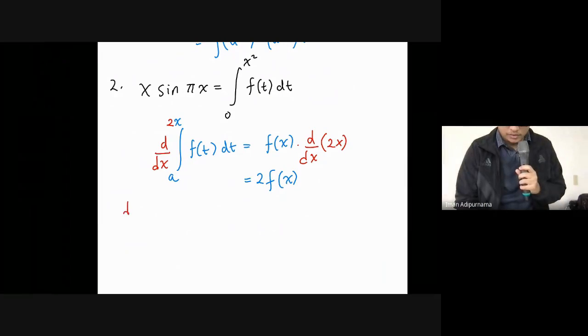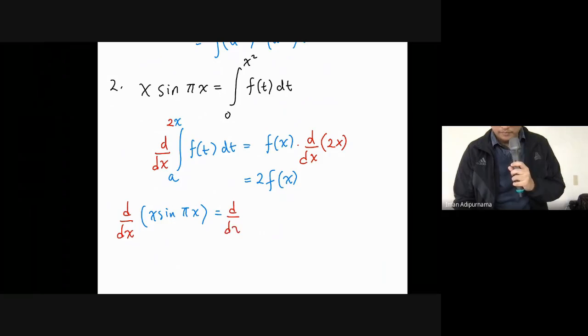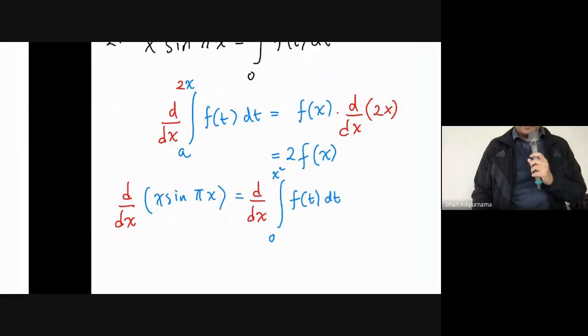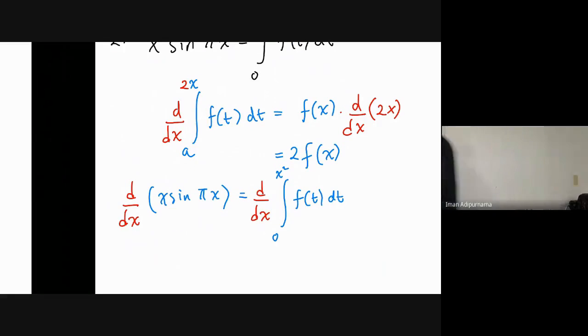So d/dx, let me write the d/dx first. The left part is just a regular product rule, and then solve this based on what we've done here. So this becomes 2x f of x squared, and this will be the product rule.